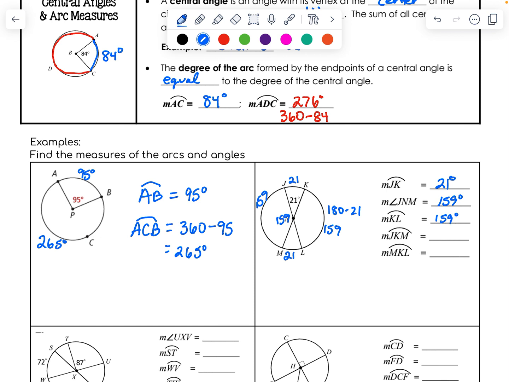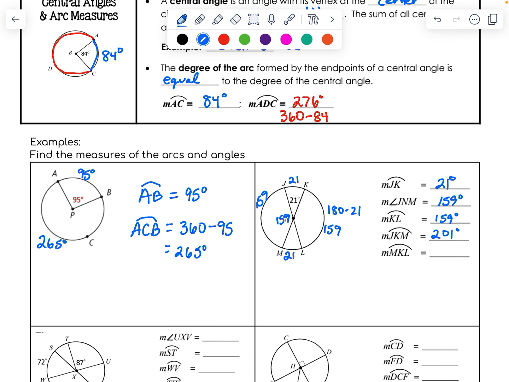JKM, now this is a fun one. So if we go J to K is 21, K all the way to M. So basically we can just add all of those. But if you start to look, we got a semicircle plus an extra 21. So we got 180 plus 21 is 201 degrees.